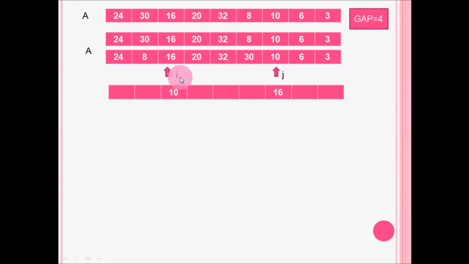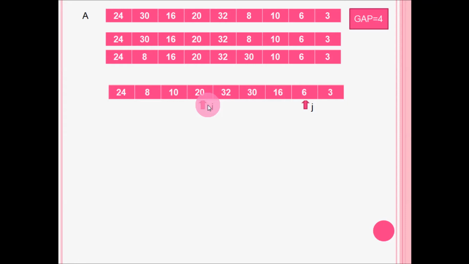I am using this array just for your clarification. Otherwise shell sort works inside a single array. J is incrementing by 1 continuously, and J minus gap is always I.